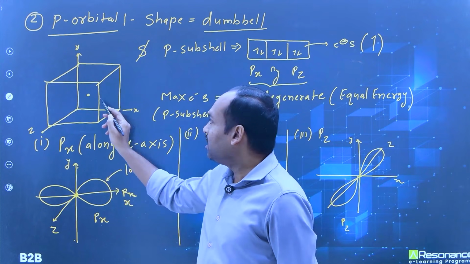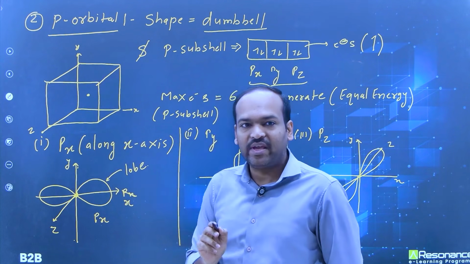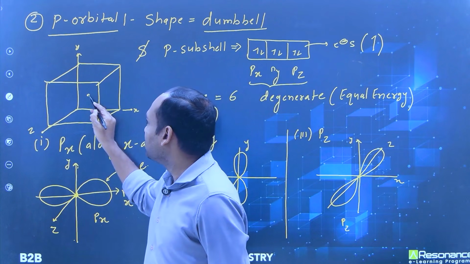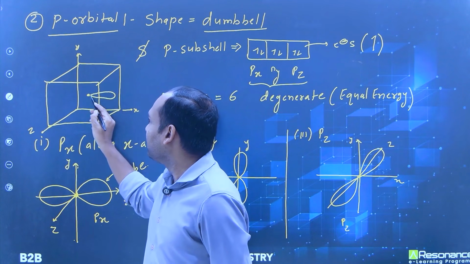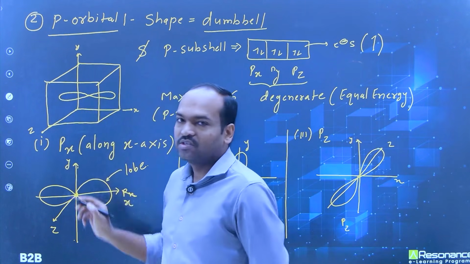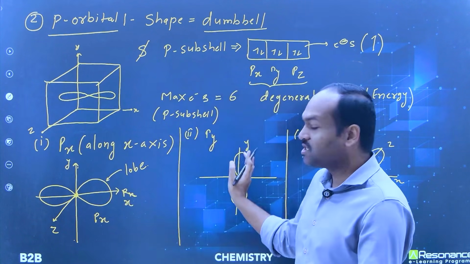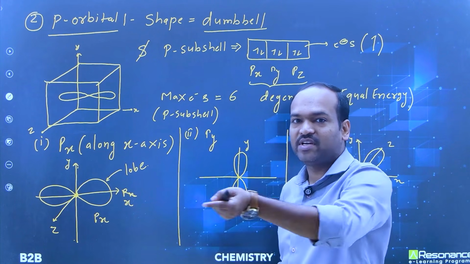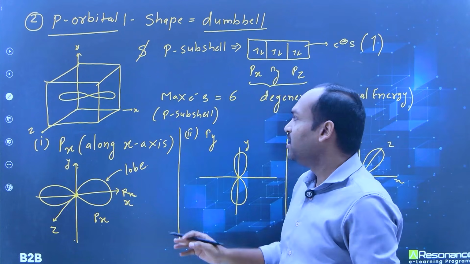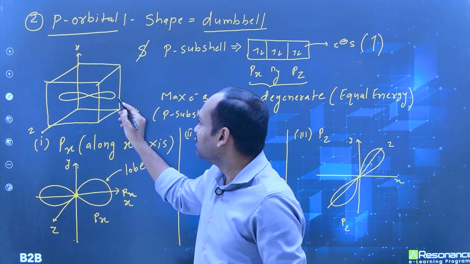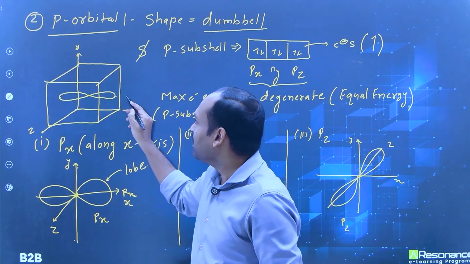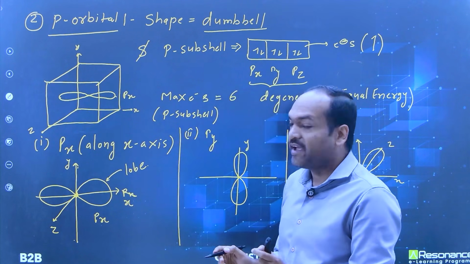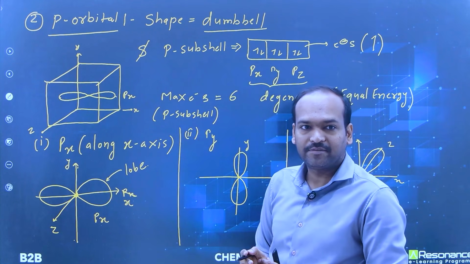Now along the x-axis we have to draw px. How to draw it? Px will touch the face, like if this is a room, this wall and the board wall, px is present in this wall. This is our px. Now can you tell me where py is present?